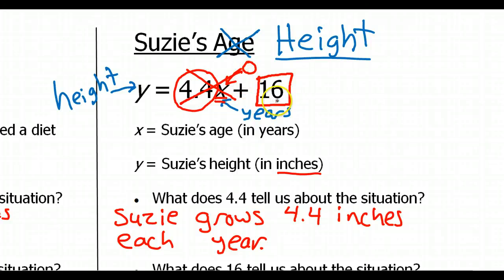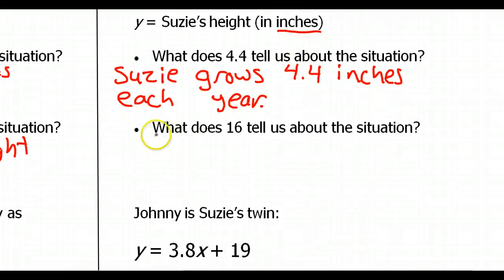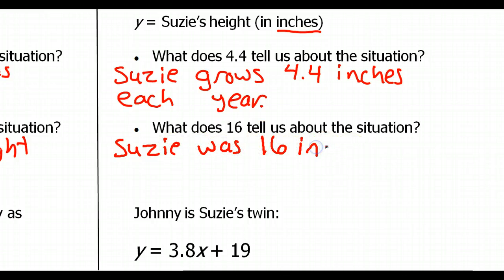In other words, Susie was 16 inches long on the day she was born. So that's the answer to this question. What does the 16 tell us about the situation? Susie was 16 inches long when she was first born.